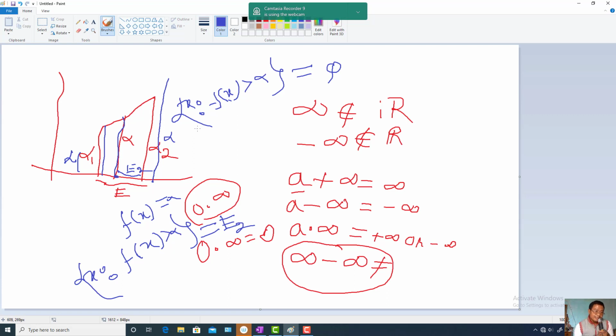My handwriting is not that good, but I think you can understand. If that set is Lebesgue measurable for each alpha, then the function is said to be a Lebesgue measurable function, or simply a measurable function. That is the definition of measurable function.